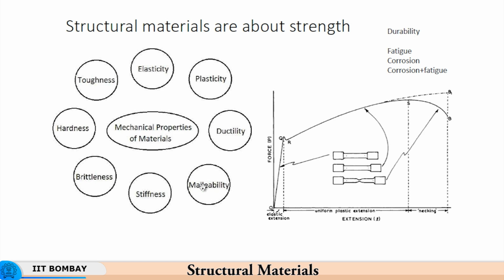Similarly, there is some energy that is absorbed during plastic strain of the material. When the material gets permanently deformed, you have a certain amount of energy that is absorbed, and that is called toughness. So you have toughness on one hand and resilience on the other.